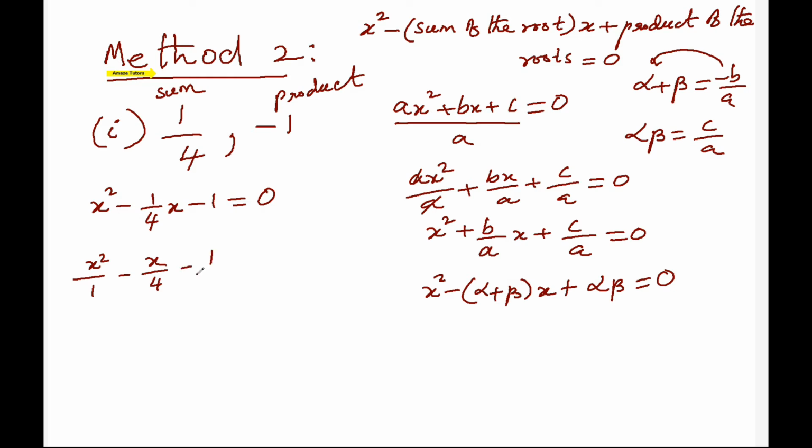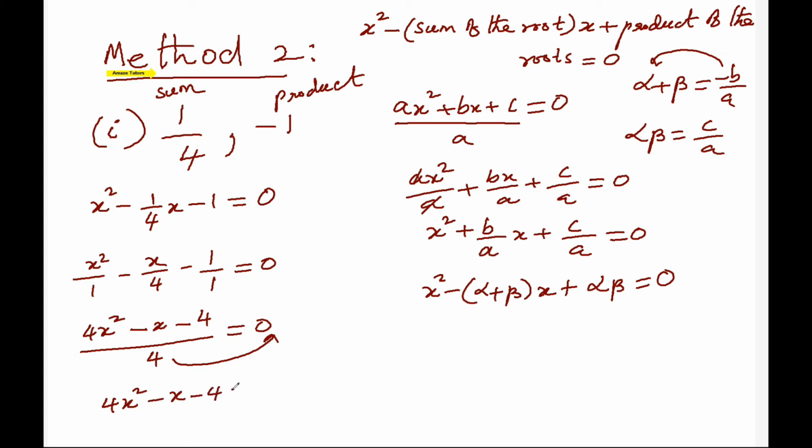When you take the LCM 4, this is 4x squared minus x, which comes as it is, minus 4, divided by 4, which is equal to 0. Again, when you take the 4 to the other side, when you cross multiply, 4x squared minus x minus 4 is equal to 0 times 4, which is simply 0.